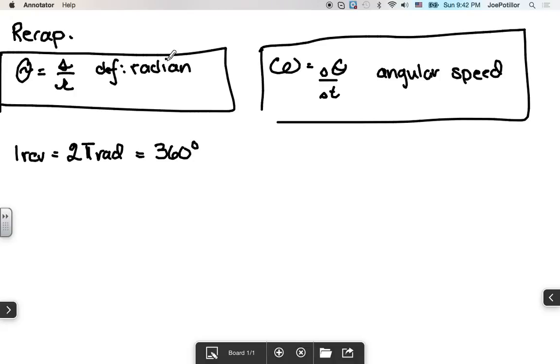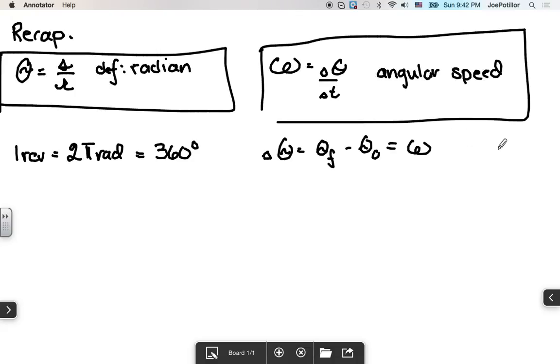Also, lastly, we briefly mentioned this change in theta equation, this manipulated equation. Delta theta is equal to theta final minus theta initial, equals angular speed times the change in time.